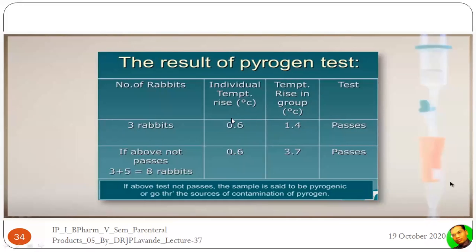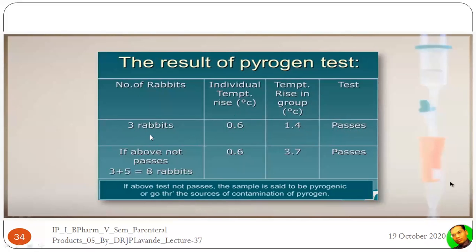If it is more than 0.6 degrees Celsius in any one rabbit, then we have to correlate with the sum of temperature responses in all 3 rabbits. If we take the sum, and the sum is not more than 1.4 degrees Celsius, then we can say the rabbits pass the test for pyrogen. So the product is free from pyrogen.